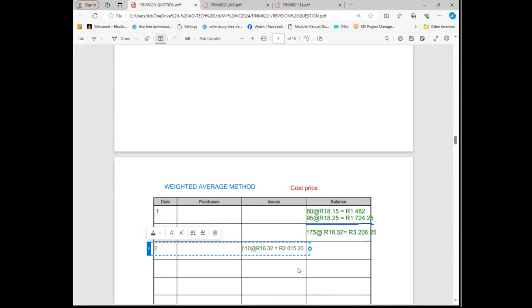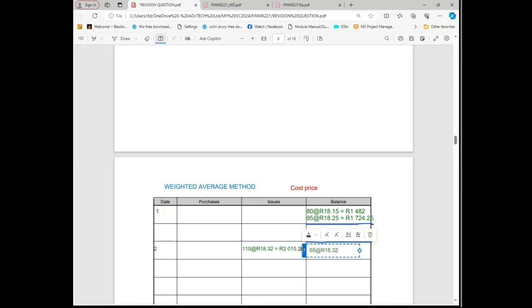Are you okay so far? Immediately I underline because I want to check how much I am still left with. I sold 110 out of 175, so 175 minus 110 is 65 units at a price of 18.32, because we are still having the same stock.